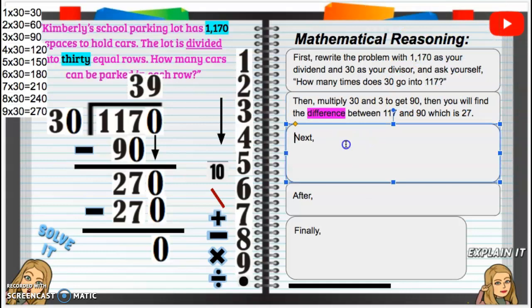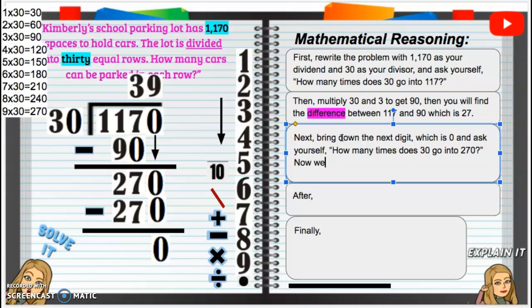Next, bring down the next digit, which is 0, and ask yourself, how many times does 30 go into 270? Now, 30 going into 270, we knew it was 9.